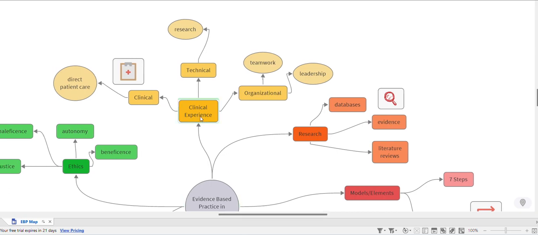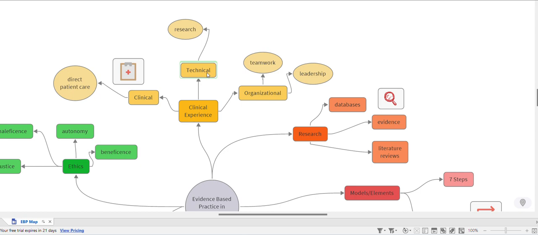The next component is clinical experience. There are 3 core components that kind of play into your clinical experience, and that is clinical, technical, and organizational. Clinical is going to be anything directly related to patient care, such as diagnosis, assessment, your relationship with your patients, and your knowledge of care models.